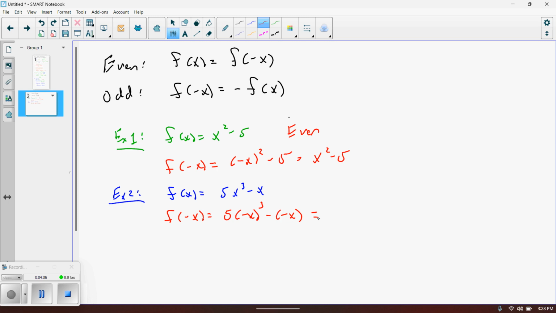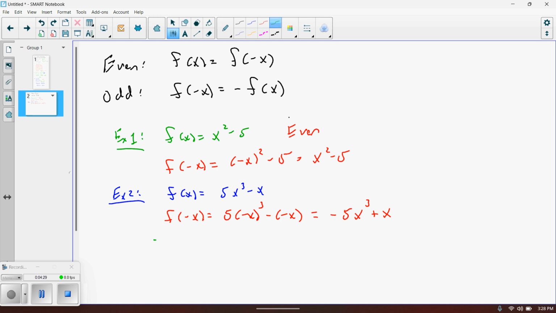That's 3 negatives, so we'll still have a negative out of this. So we're going to end up with a negative 5x cubed. And then the last one, we're just going to distribute the negative through, and we should get a plus x. Well, that is definitely not the same thing as the original f of x. As a matter of fact, they're complete opposites. So it's not even.